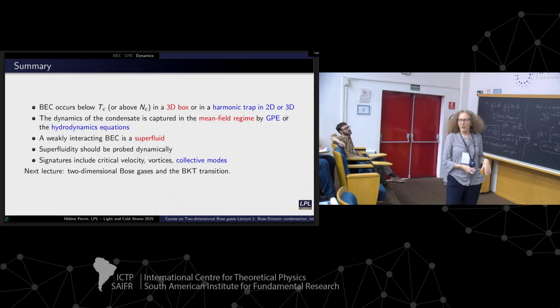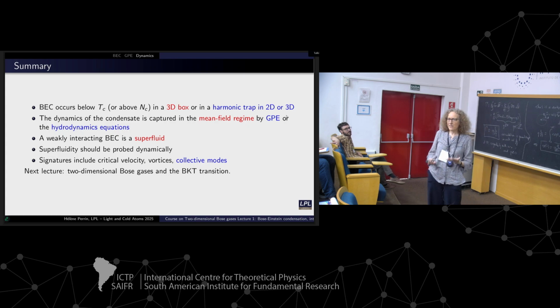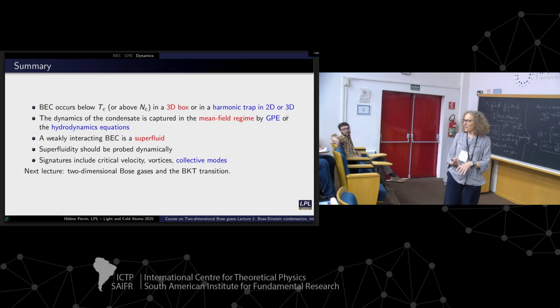What we have seen is that BEC occurs if the number of atoms I can put in the excited state cannot exceed some upper bound. In this case, there is a saturation of the excited state. So this happens in a 3D box. This happens in a 2D or a 3D harmonic potential. We have derived the Gross-Pitaevskii equation using the mean field approximation.